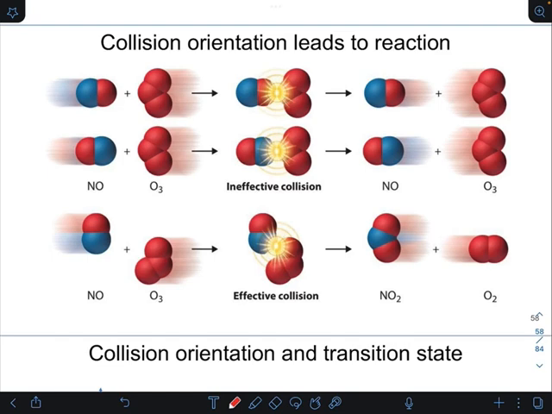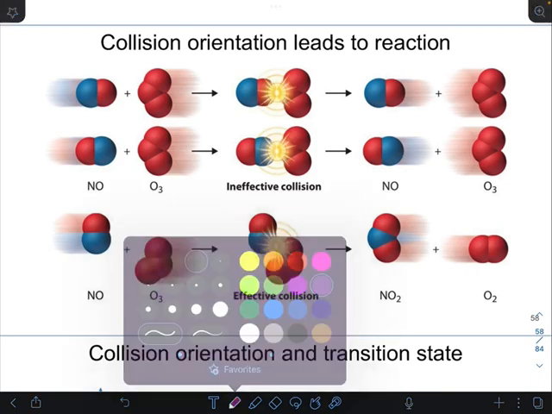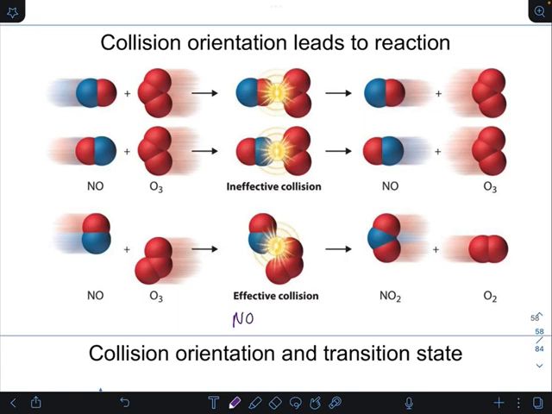So here are a couple ways that a nitrogen monoxide and an ozone molecule can collide to create, ideally, nitrogen dioxide and oxygen. So the reaction that's trying to happen is NO plus O3 goes to NO2 plus O2.